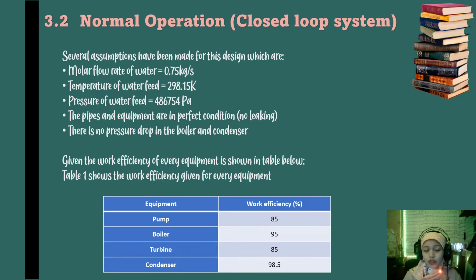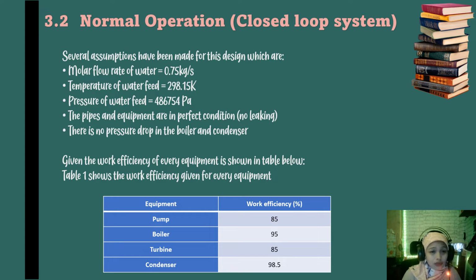In order to obtain 18 kilowatts of work produced from the turbine, we designed our simulation using the above information and assumptions. There are 5 assumptions made for our simulation. Firstly, the mass flow rate of water is set equal to 0.75 kilogram per second.